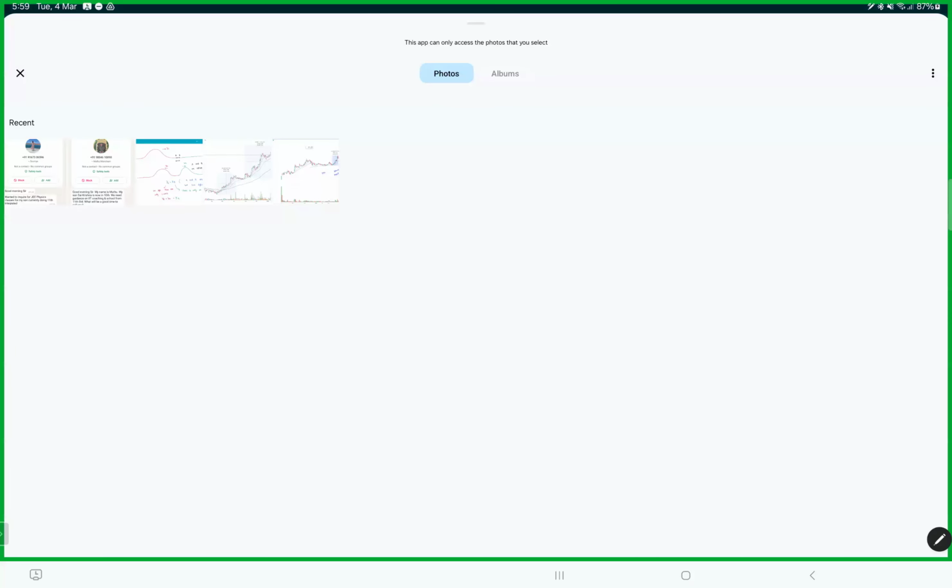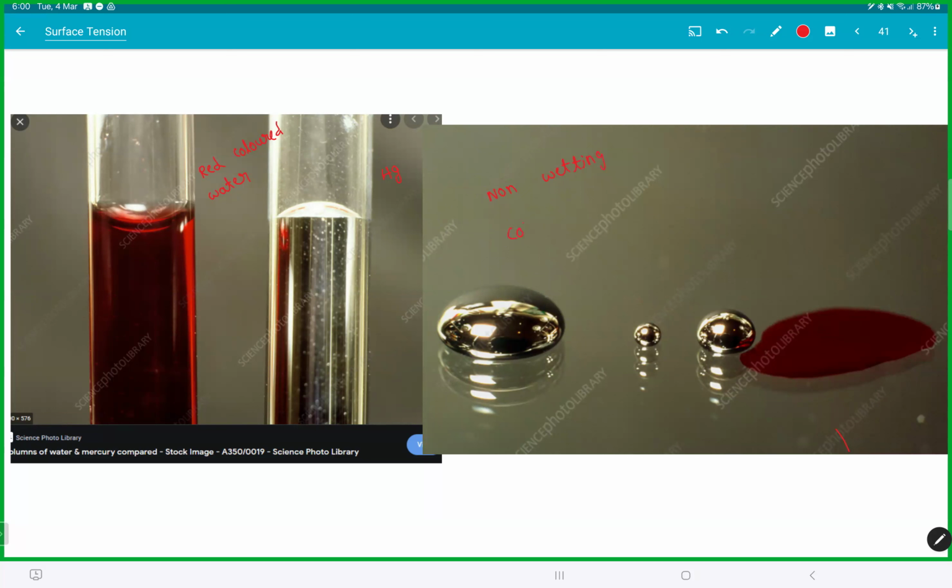So all the mercury will try to stay together. Mercury-mercury bonding is greater than mercury-glass. This is a non-wetting substance. So the mercury won't spread. It will become like a droplet. Cohesive is greater than adhesive. So mercury sticks together.